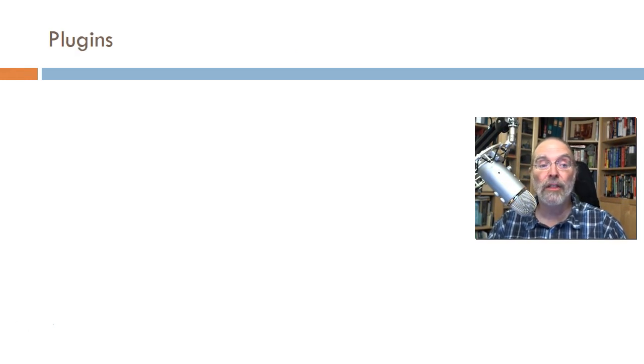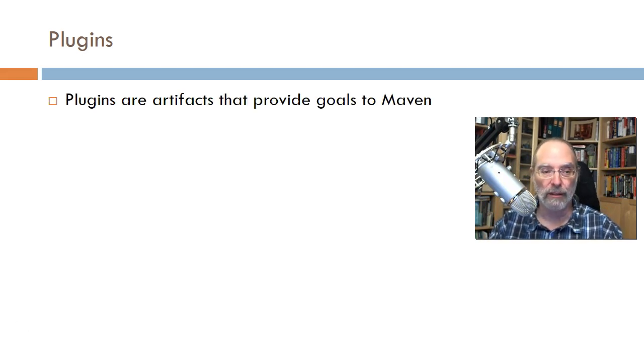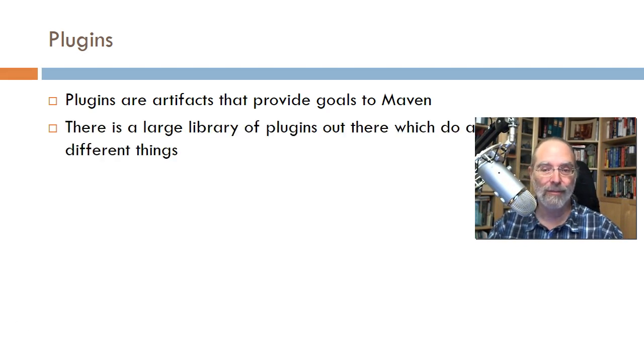Plugins. These are the things that allow us to add features to a Maven build. Plugins are artifacts that provide goals, so they provide additional services above and beyond the default lifecycle. And there's a lot of them out there.